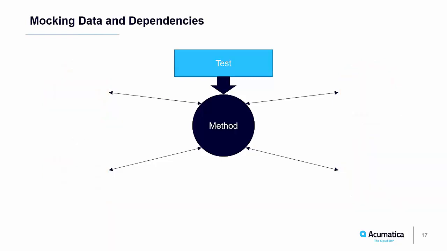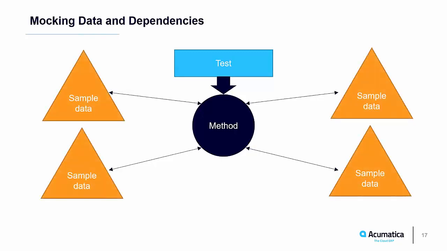So to remove the dependencies, we have a mocking mechanism that just provides sample data for the method. It emulates data retrieval, for instance, from the database. It emulates data retrieval from the user interface. That way you can test your method in a static environment without any dependencies.